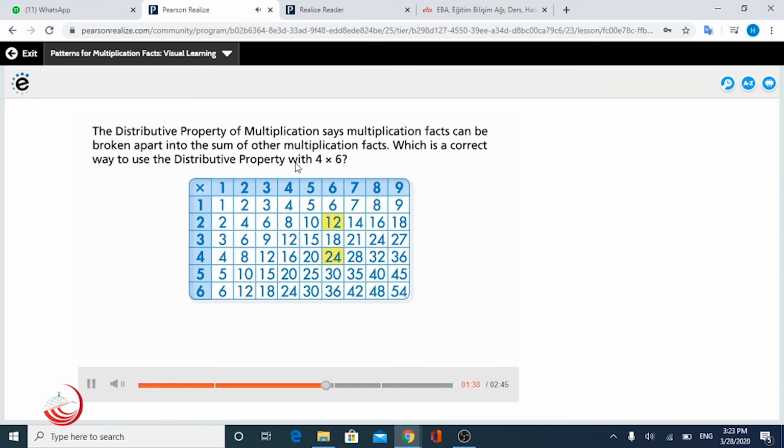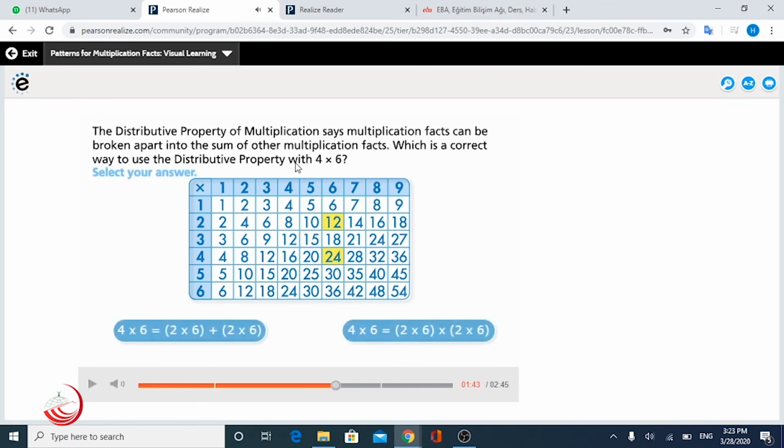Which is a correct way to use the distributive property with 4 times 6? Select your answer. Okay, I will select for you. I can hear you saying 4 times 6 equals 2 times 6 plus 2 times 6. This is the distributive property.